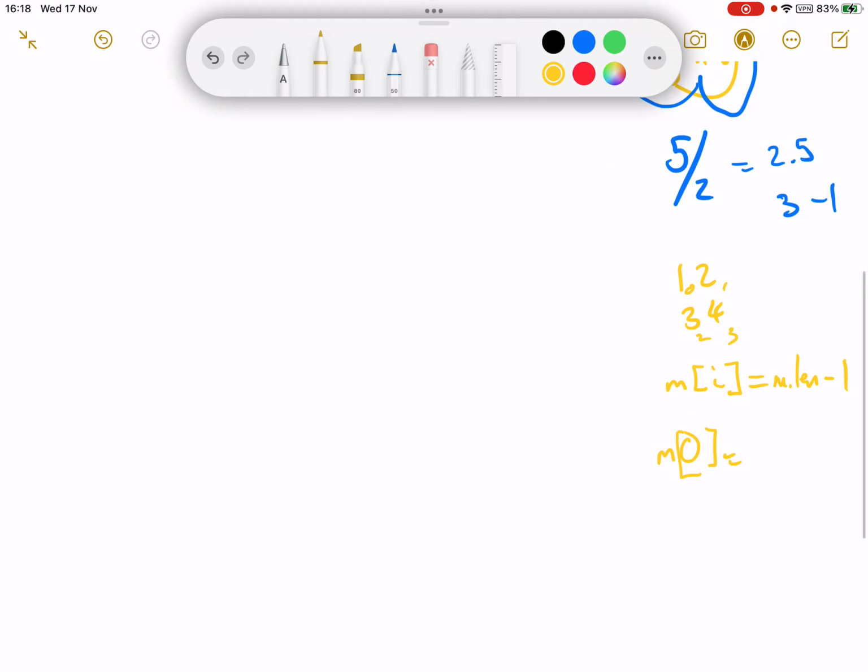Since this is square, m0 is equal to m dot length 2 minus 1, so 1, right? And then we need 4 things. Really? Yeah, 4 things, right? Because you have 4 corners, you're gonna switch it 1, 2, 3, 4, right?